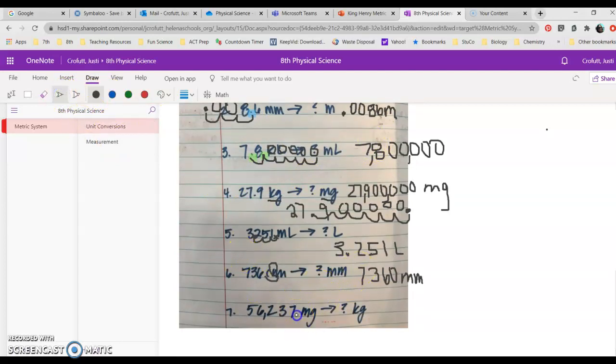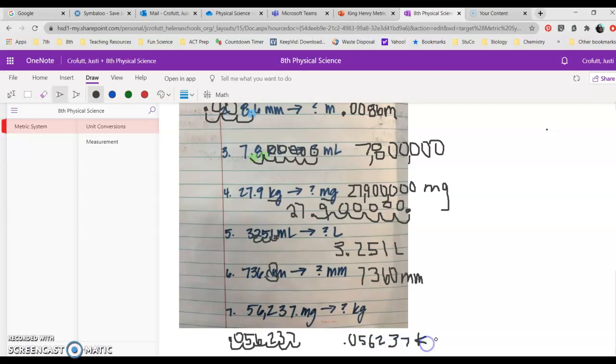So our decimal's here at the end. I'm going to go ahead and rewrite this down here, make it a little bit easier for us. Our decimal's here, so we're going to go 1, 2, 3, 4, 5, 6. Remember to redraw your decimal and then add in any zeros if you have spaces. So your answer for this should be 0.056237 kilograms.